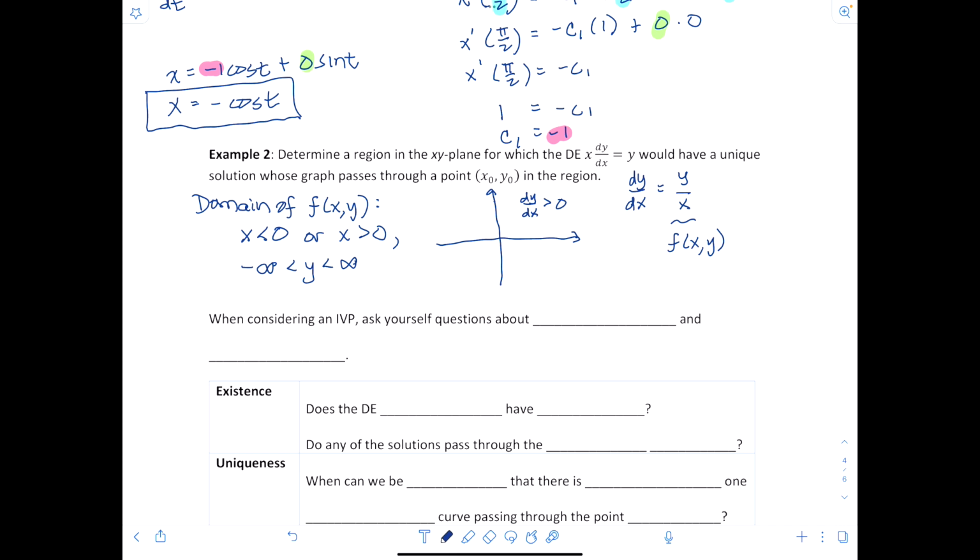And also in the third quadrant, it would be greater than 0 because both y and x would be negative. And then in the second and fourth quadrants, they would be less than 0.